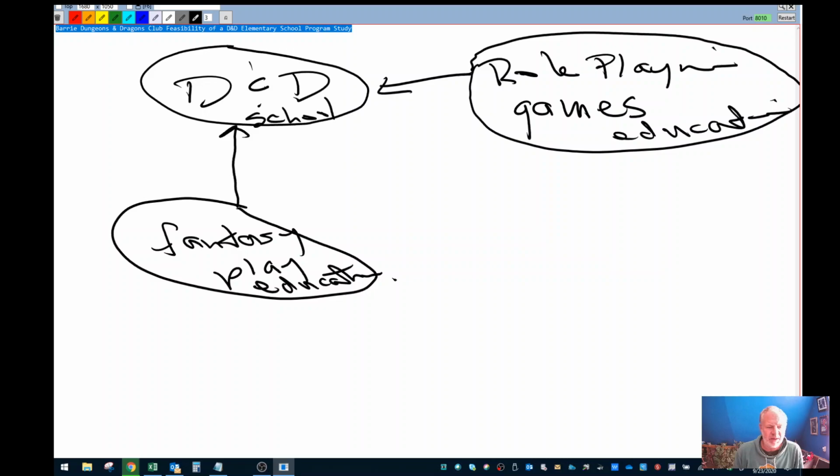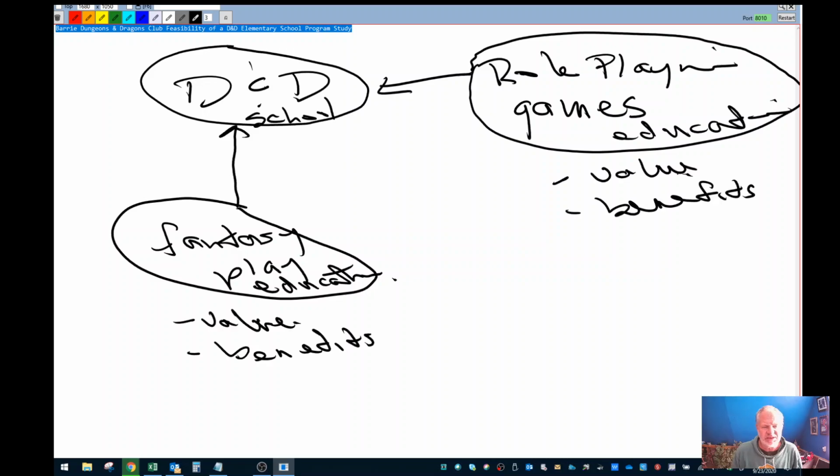So I'm informing myself of the literature in terms of role-playing games, how they are used in education and their value, and what students get out of it, and then fantasy play education, what's the value of it, and what are the benefits. So the students may, it encourages imaginative play, and the benefits are it improves academic performance, one would hope. But that's what I would need to find from the research.